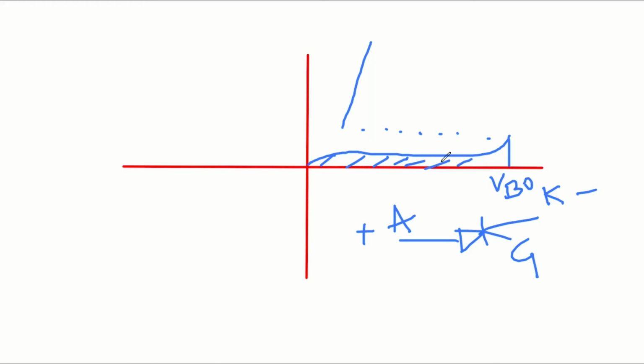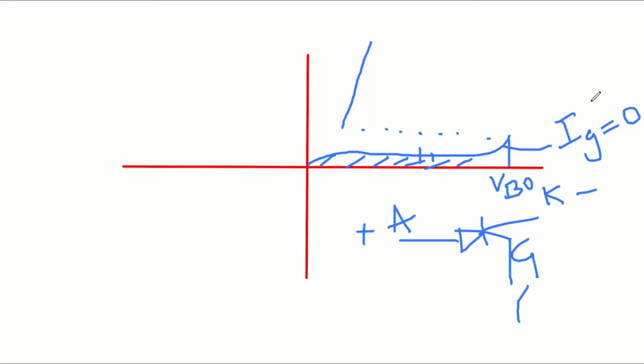So it is somewhere around here. Moreover, the supply to the gate pulse is kept open, that is, there is no gate current flowing, so Ig is basically 0. So this is the forward blocking condition.